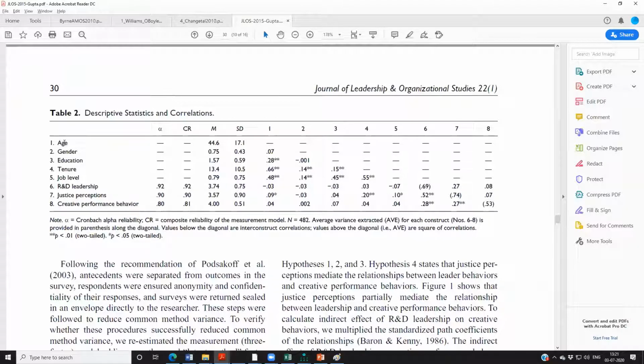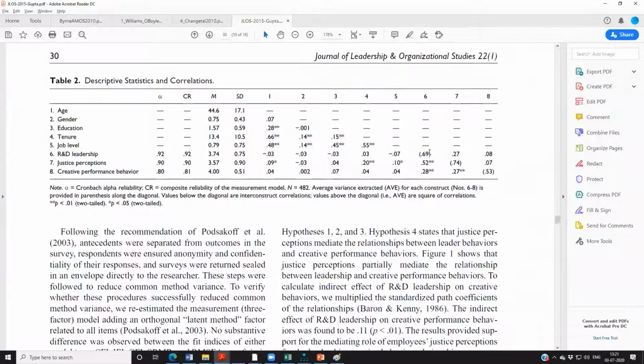These were my control variables: age, gender, education, tenure, job level. It is always a good idea to include control variables in your analysis. Then R&D, justice and CPP, then the composite reliability, mean and standard deviation, and then these parenthesis values are the AVE values.